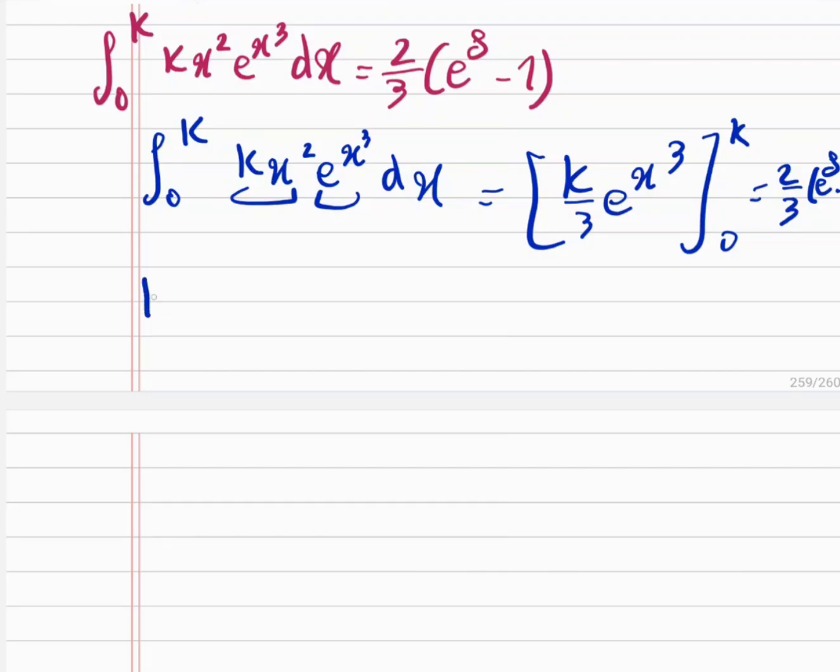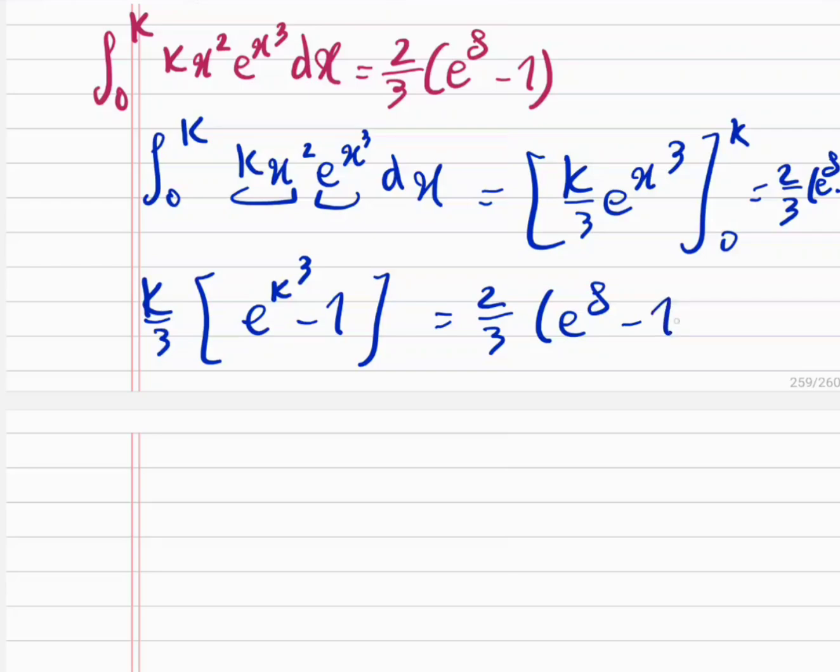First I'm going to take a factor of k/3, and then when we substitute k, we have e to the power k cubed, and when we substitute 0, it just becomes 1. So minus 1 is equal to 2/3 times e to the power 8 minus 1.